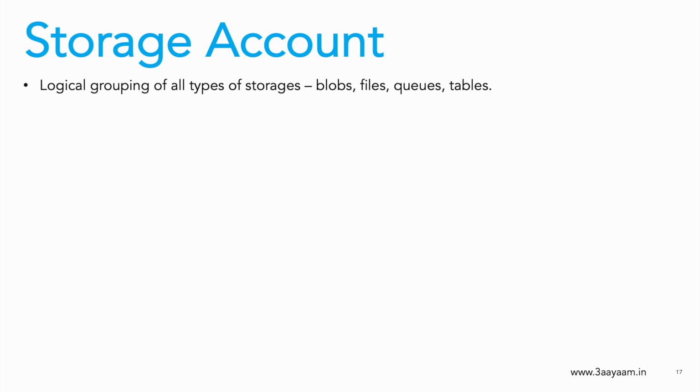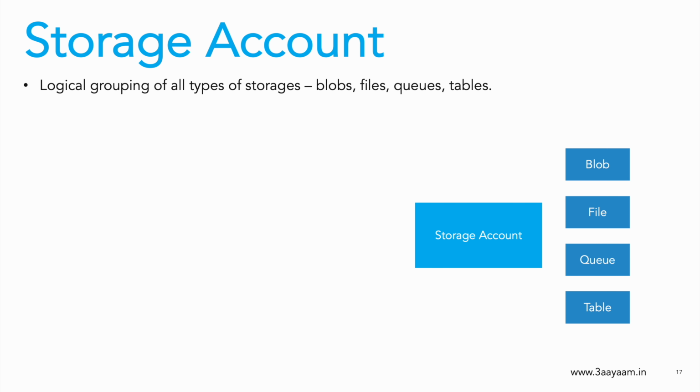Now, as far as ADLS is concerned, as ADLS is built on top of blob storage, we'll be needing a storage account for ADLS also. So we create a storage account, and the storage account consists of four different storage offerings: blob, file, queue, and table storage.